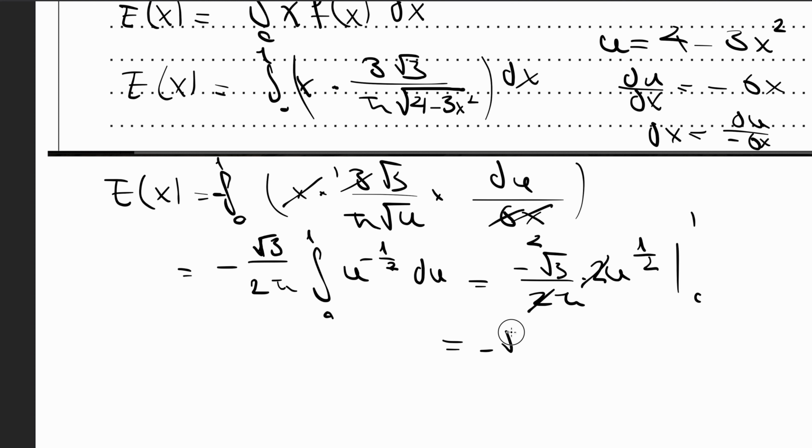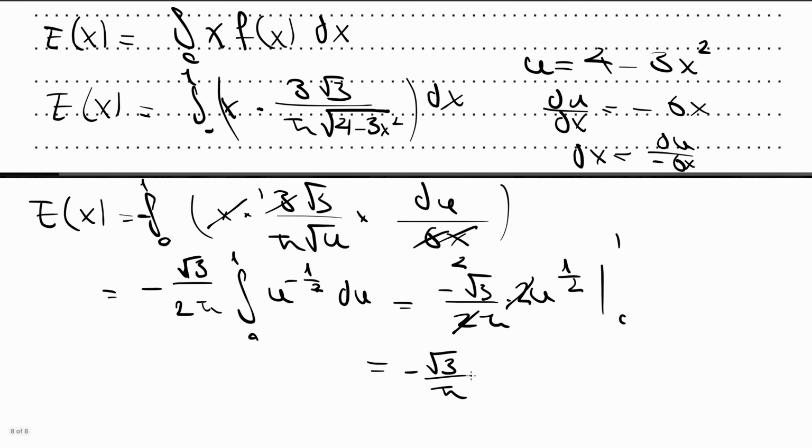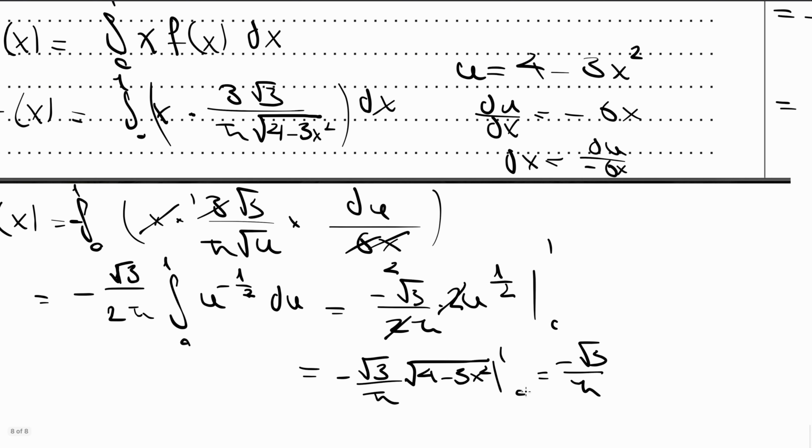So the simplified answer is negative radical 3 over pi times u to the power of 1 over 2, and now we know u is 4 minus 3x squared, so you can substitute that in here as well. So if we now solve for the given boundaries, we'll get radical 4 minus 3, which is radical 1, which is simply 1.